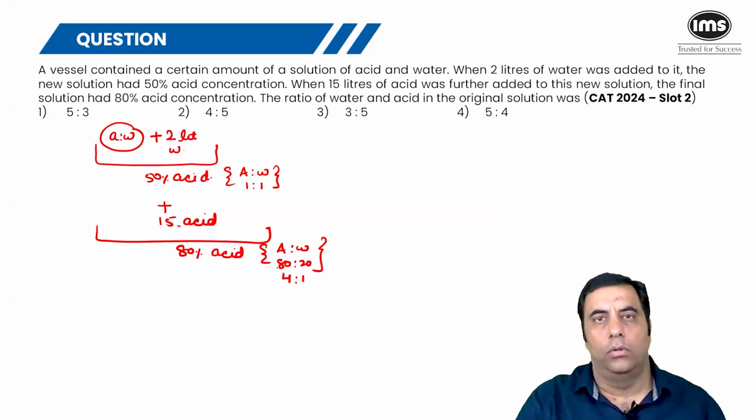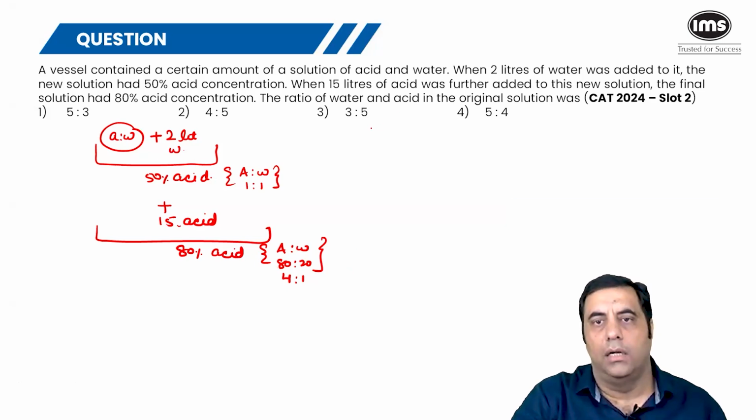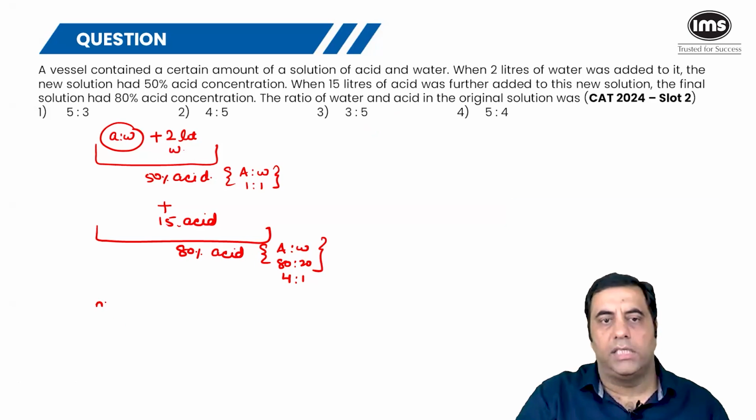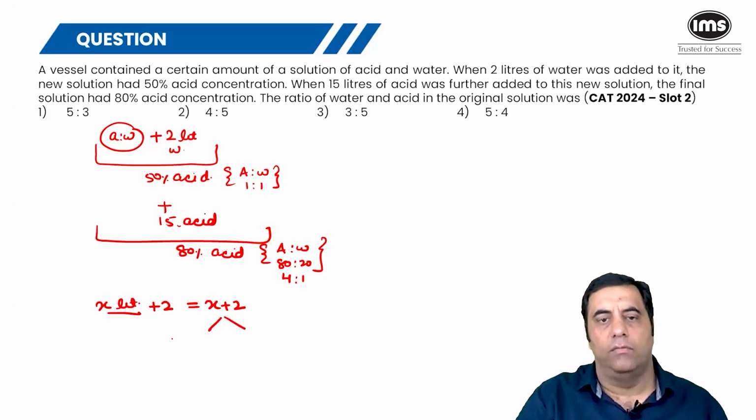Right? So now there are multiple ways of solving it. One possible method could be, let's assume that the initial volume is X liters. And then when 2 liters is added, this will become X plus 2. Now in that X plus 2, half of that, which is X by 2 plus 1, will be acid, and X by 2 plus 1 will be water.